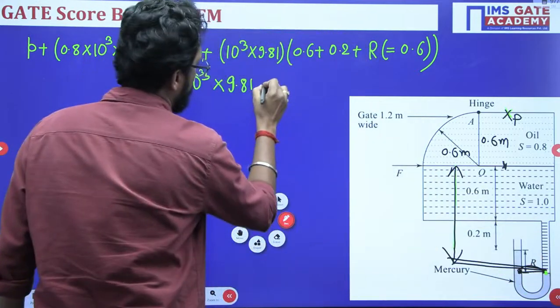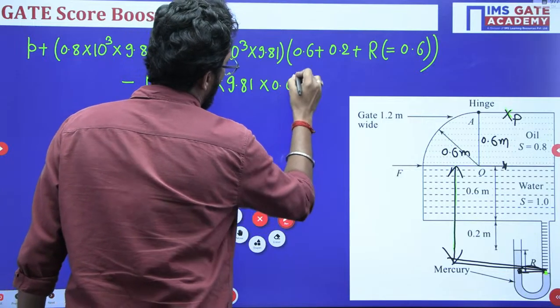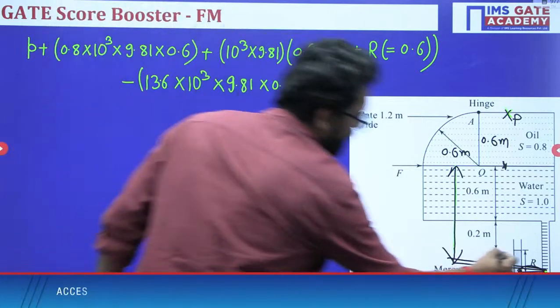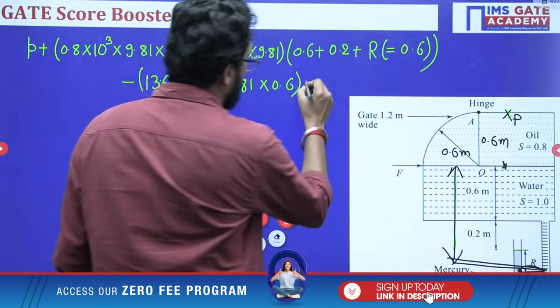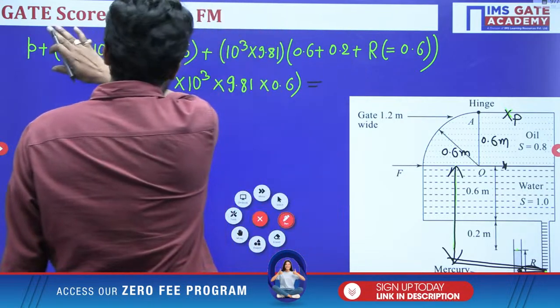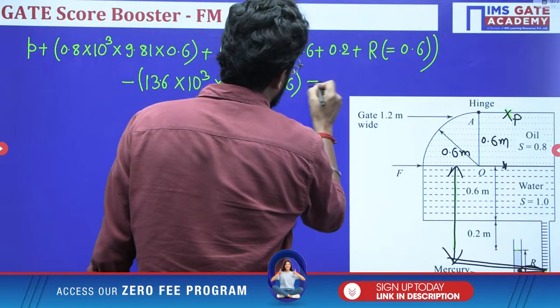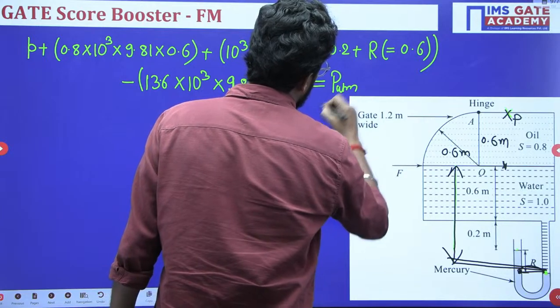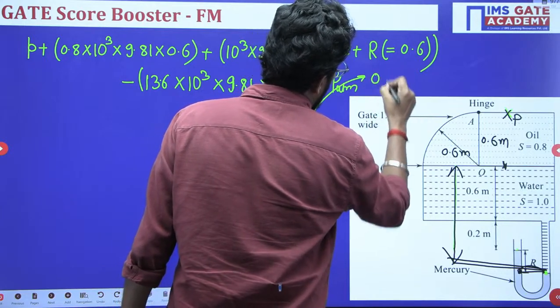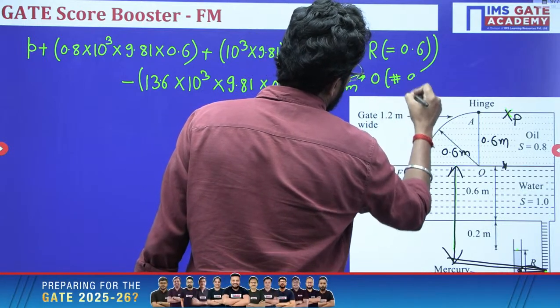H is r, that means 0.6. So you are here and it is open to the atmosphere. All are in gauge form, so the atmospheric pressure P atm is 0. Why? Because it is gauge pressure.